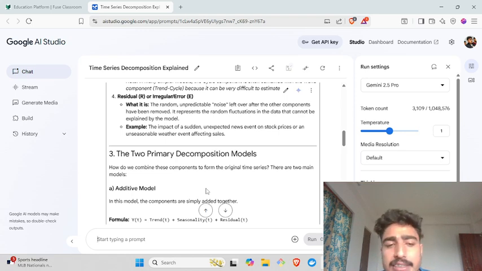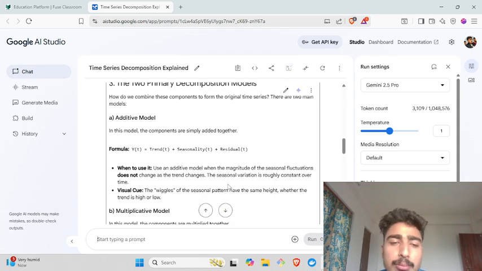Likewise, in a multiplicative model, we are multiplying all the components of the time series. And when to use additive and when to use multiplicative depends on whether the seasonality is constant.